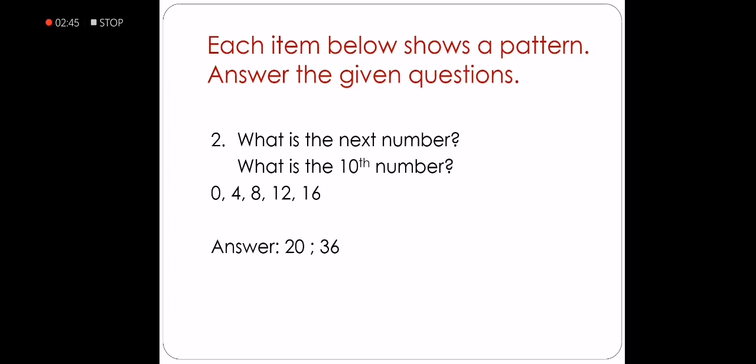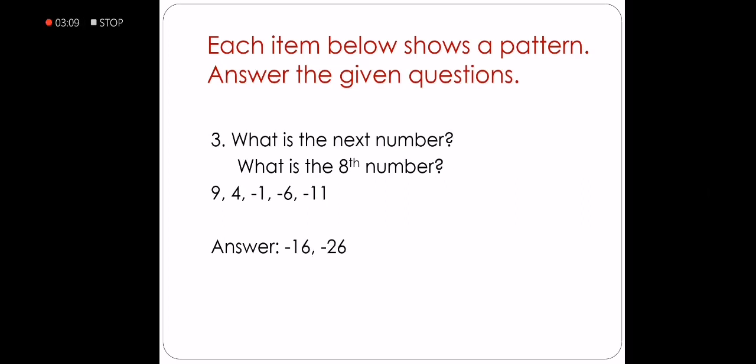Paano nakuha yung next term? So kung mapapansin nyo, nag-a-add lang tayo ng number na 4. Okay. So, ang gagawin lang natin para makuha natin next term, mag-add lang tayo ulit ng 4 kay 16 and that is 20. And at the same time, mag-add lang tayo na ulit ng 4 hanggang sa makarating tayo dun sa pang-10 number and that is 36.